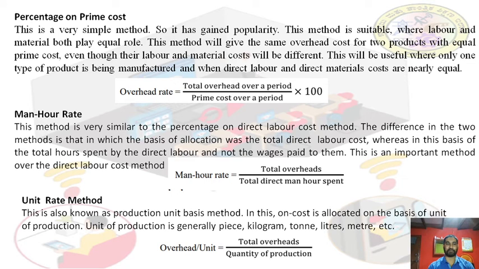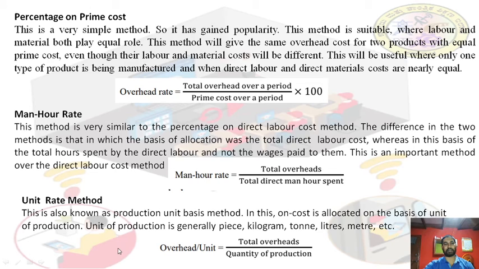Total man hour will become 50 workers into 8 hours per day, that will become 400 hours, and 25 days, so something like 10,000. So that will become total man hour. The total overhead is divided by this total man hour spent on the particular component, that will give the man hour rate.